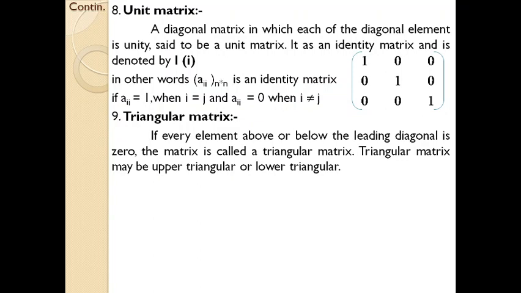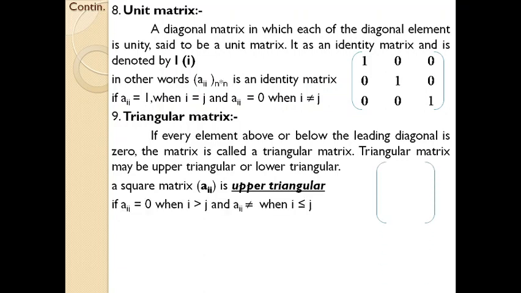Let's deal with an example. A square matrix represented by a subscript ij, the variables written within the brackets, is upper triangular if it looks like this. This is how an upper triangular matrix looks.